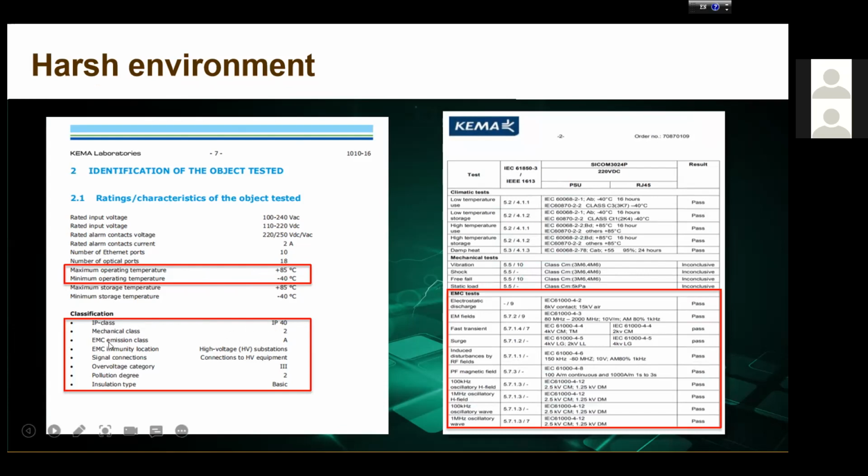Besides, the EMC emission class is class A, and it can be used in the high voltage substation. Additionally, the switch has passed all the EMC tests here.